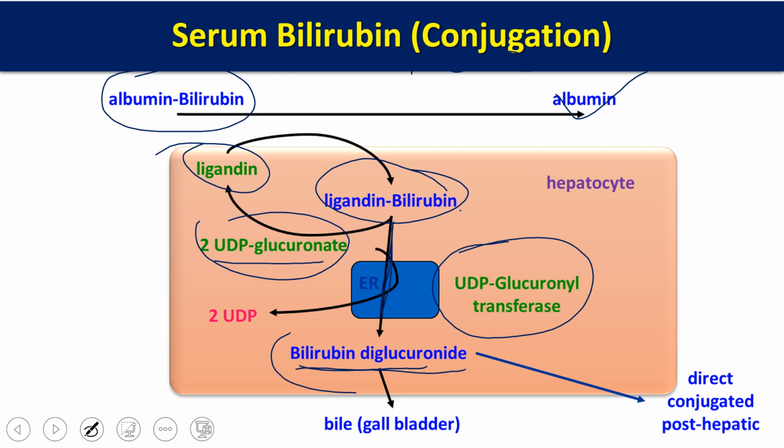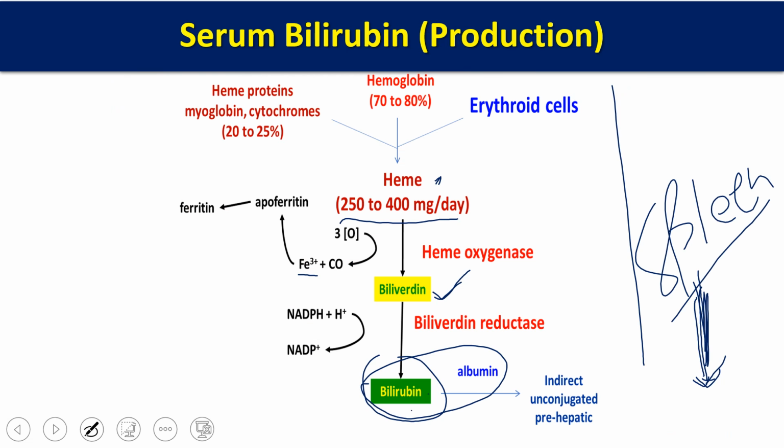Whatever bilirubin we have got here in the diglucuronide form will be transported from the liver to the bile duct and up to the gallbladder, and from the gallbladder to the duodenum or intestine. So that is the third phase. In the first phase we have only unconjugated, water insoluble bilirubin.